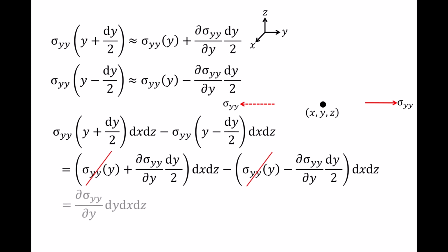This leaves us with partial sigma yy partial y times dy dx dz, and dy dx dz is the volume of the fluid element dV. So the resultant force due to the sigma yy stresses is partial sigma yy partial y times the volume.